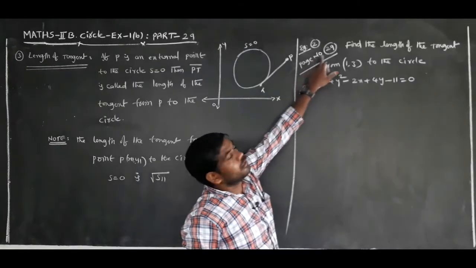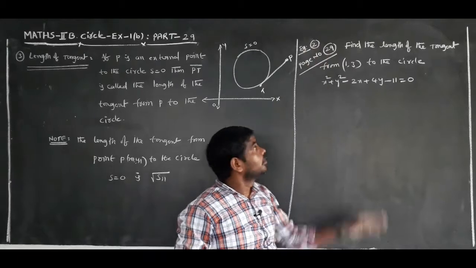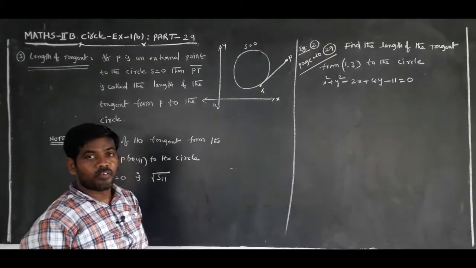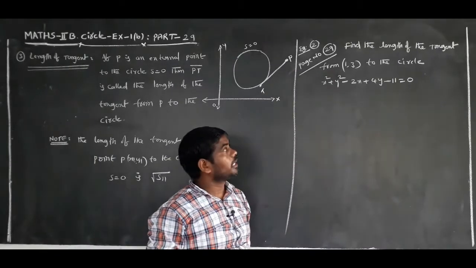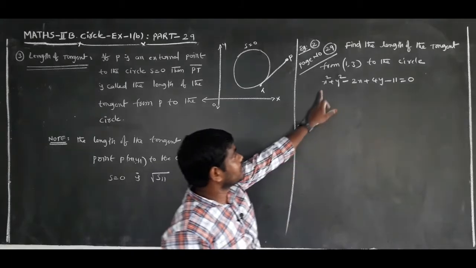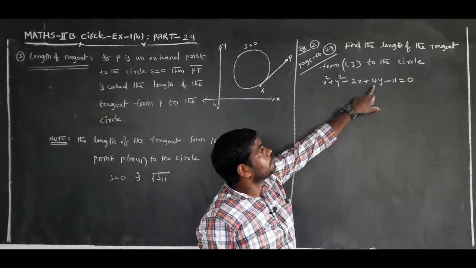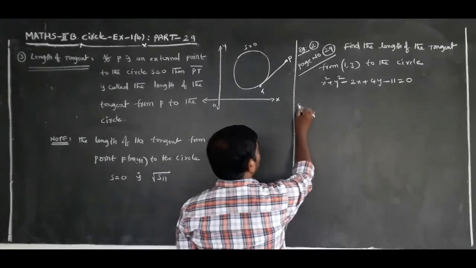Page number 29, example second problem. Find the length of the tangent from (1, 3) to the circle x squared plus y squared minus 2x plus 4y minus 11 is equal to 0.